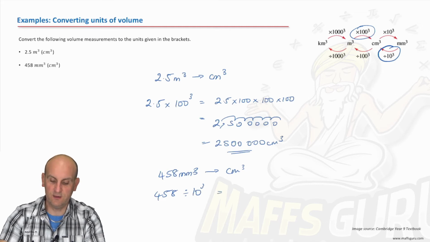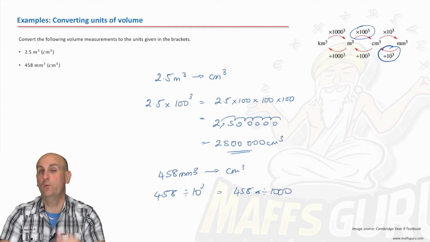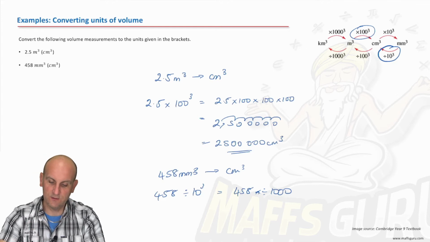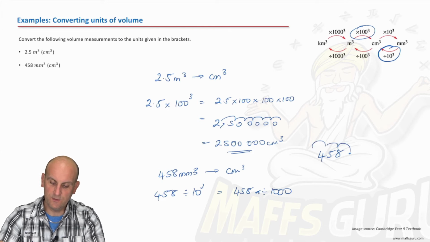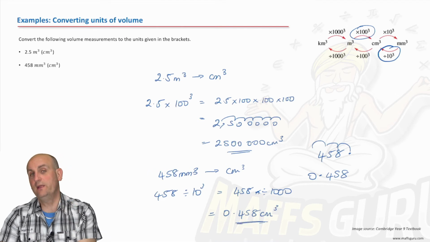Now 10 to the power of 3 is the same as dividing by 1,000, so 1 and 3 zeros. And again, we know when we divide, we move the decimal point. At the moment, this would be 458 with the decimal point at the end. I'm going to move it 1, 2, 3 places, which is going to give me 0.458. So therefore, it gives me 0.458 centimeters cubed.